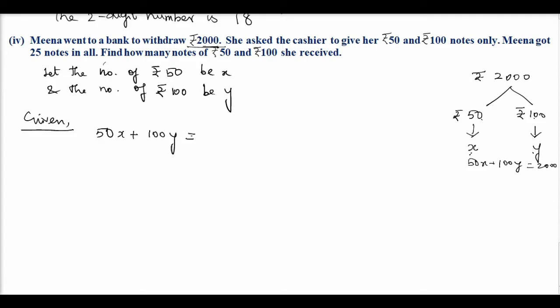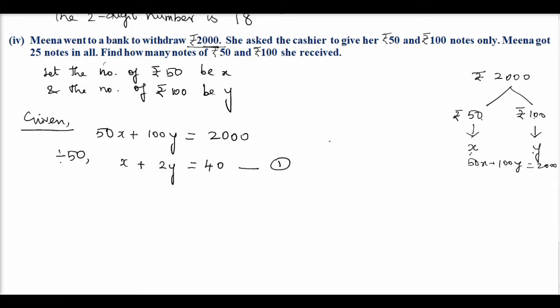So 50x plus 100y will sum up to 2000. This is our first equation. And as the coefficients are larger, we have a common term 50 in common. So we'll divide throughout by 50 to get x plus 2y equal 40. So this is our first equation.